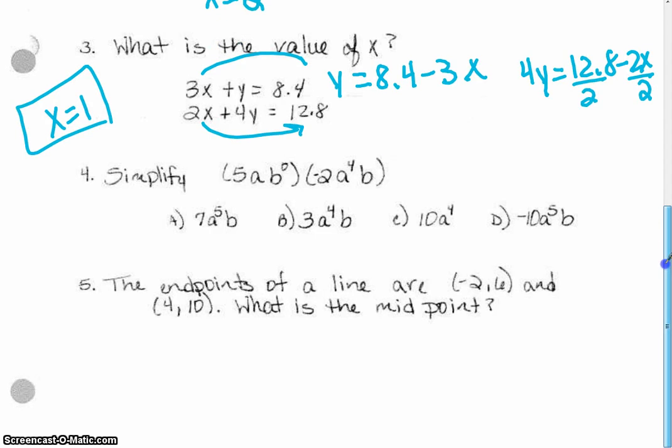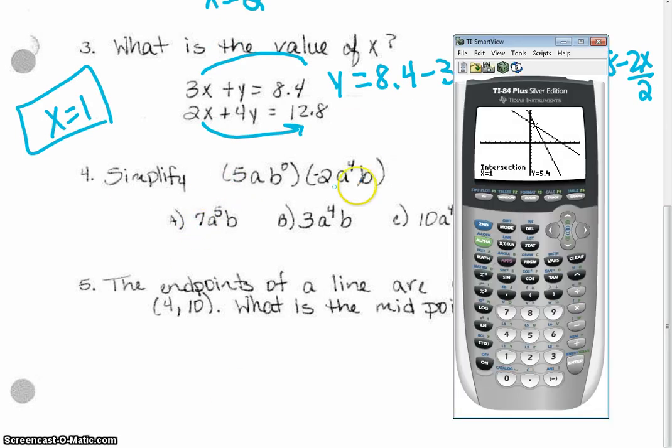If they give you a problem like number 4 and they want you to simplify it, you need to store values for a and for b before you use your calculator for this. And so I'm going to go to store, and I'm going to do alpha a. And I'm going to go 3 store alpha b. So now it's going to be just like it looks.